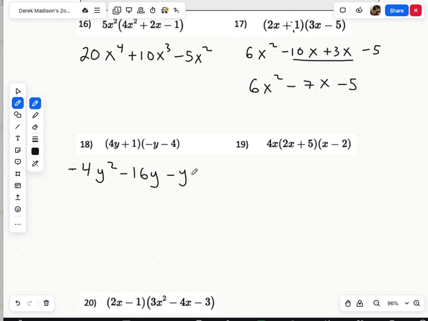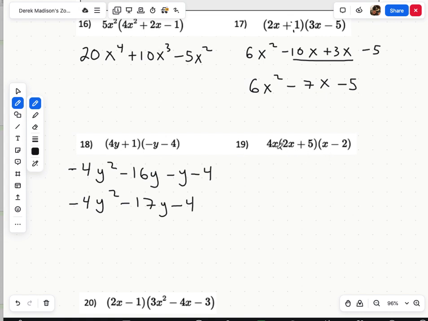And 1 times negative 4 will be a negative 4. I've got a couple of like terms there, so we'll put that together. Negative 4y squared minus 16y minus another invisible 1 in front of that y, so that'll be minus 17y and minus 4.